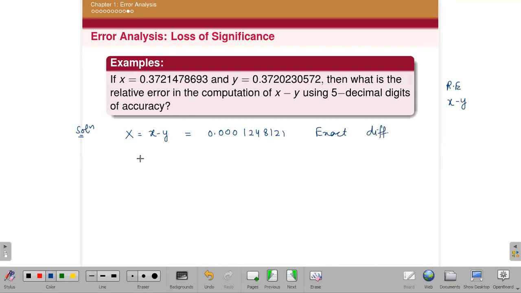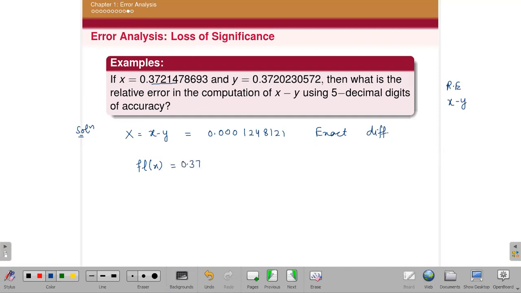Now I find the approximate difference. FL of x means you have to take 5 decimal digits. It is not mentioned whether to do chopping or rounding, so 5 decimal digits means you do rounding only.